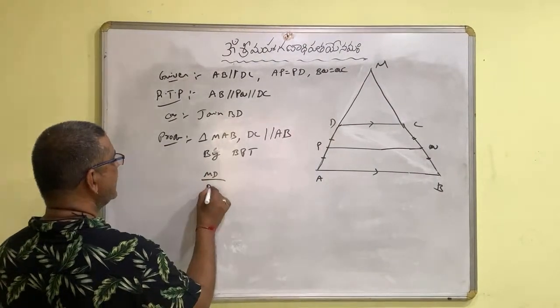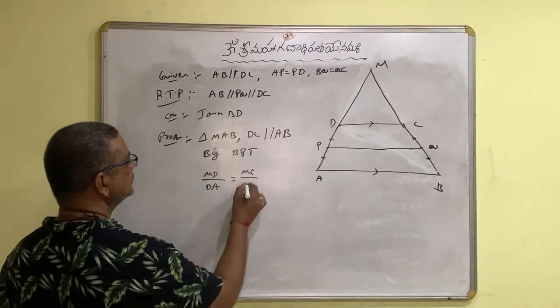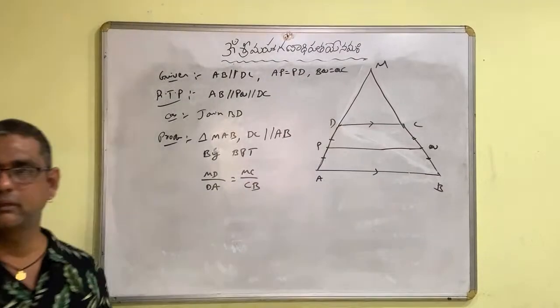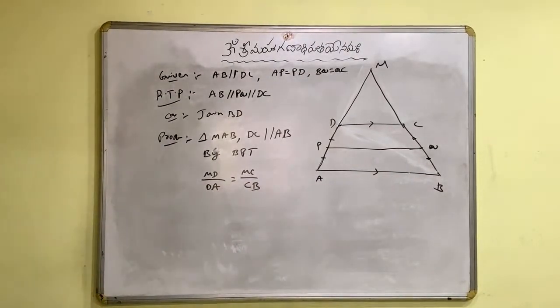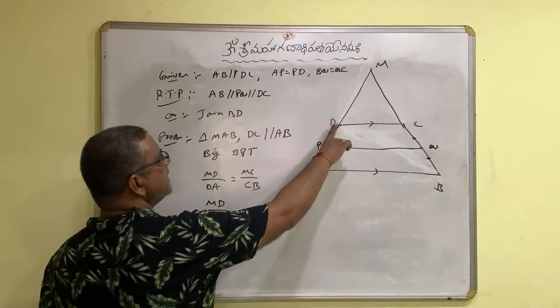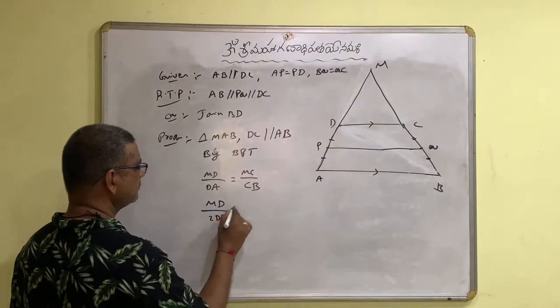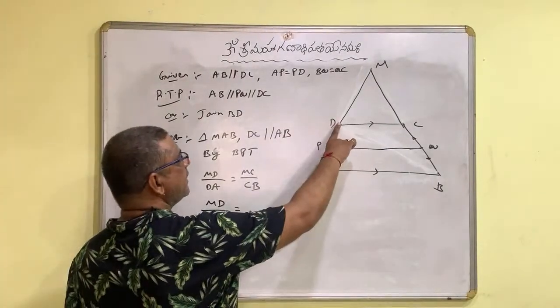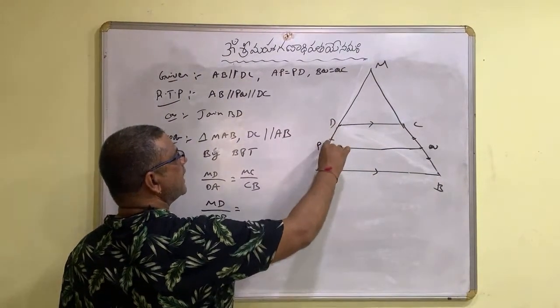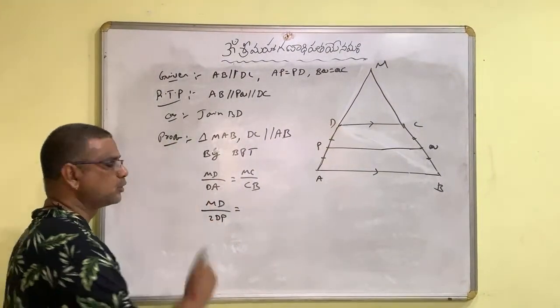MD by DA is equal to MC by CB. Is that right, children? Now, DA I will write as 2DP because P is the midpoint of DA.